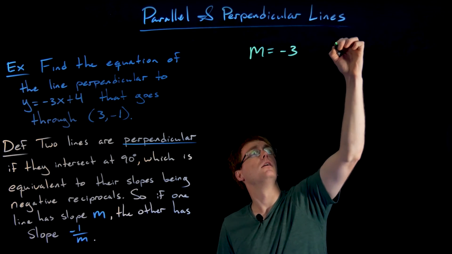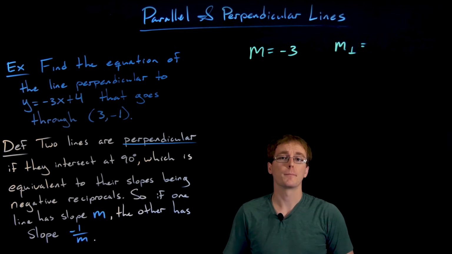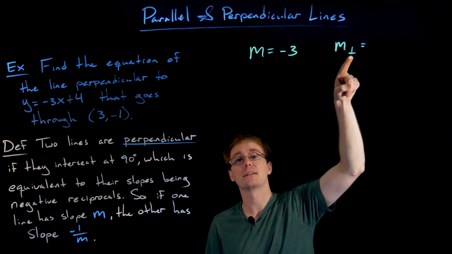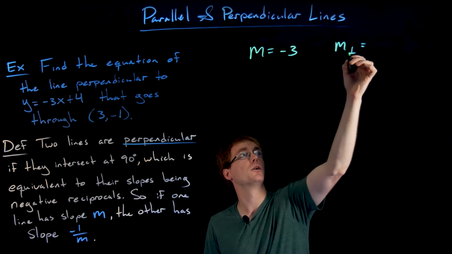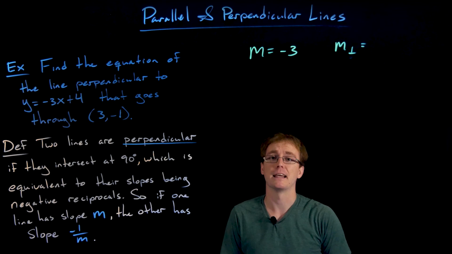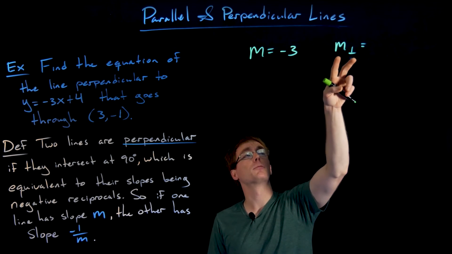And now we want to use that to help us find the slope of our perpendicular line. And you'll often see this symbol, this little upside down capital T. It's just a way to denote perpendicular lines because those two lines are meeting at a 90-degree angle in that upside down capital T. So what do we know about the slope of any perpendicular line?